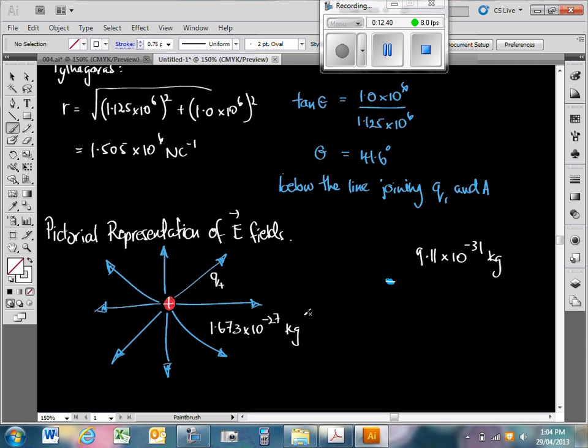That's a factor of 1,000 or thereabouts, so the mass is quite a lot smaller. Essentially, the proton has mass, and the electron doesn't really have that much mass at all. So this is a lot less massive, yes.